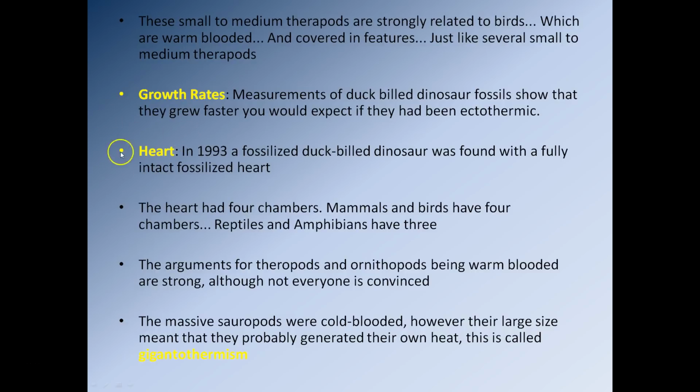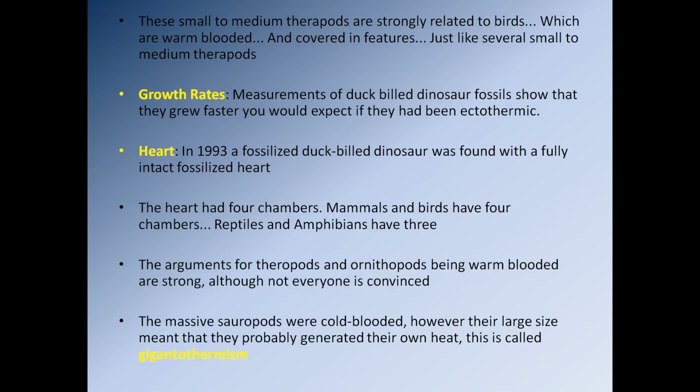The final piece of evidence is a heart. In 1993, a fossilized duck-billed dinosaur was found, so that's an ornithopod, and it was actually found to have a fully intact fossilized heart, which is, to begin with, pretty spectacular, pretty amazing.